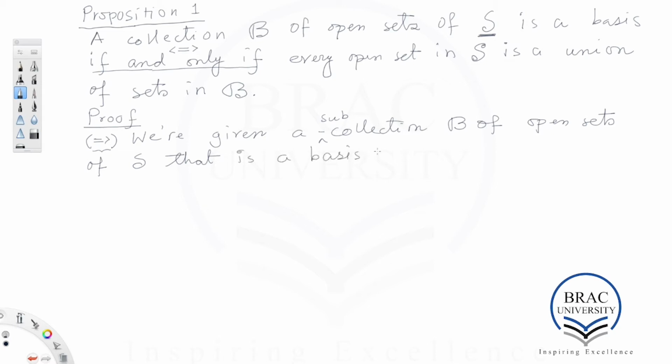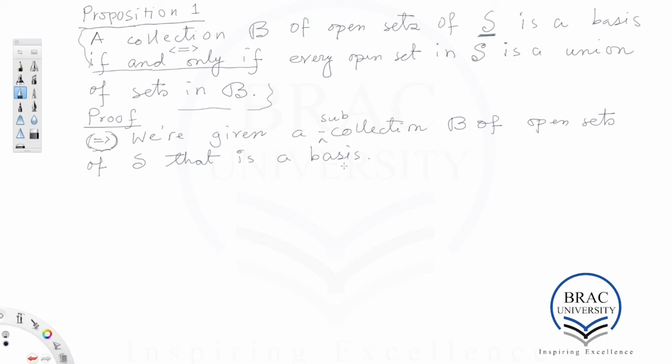What does it mean? If you divide this statement into two parts, one is on the left of this arrow, which says that a collection B of open sets of S is a basis. We have written down this fact here, and this statement is taken to be true.